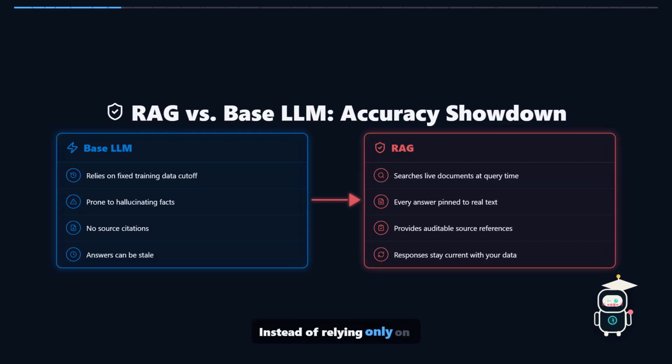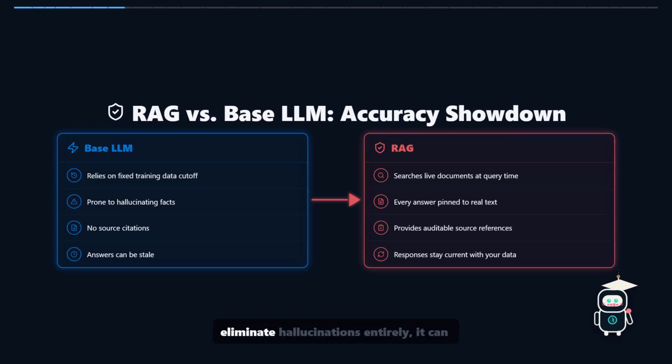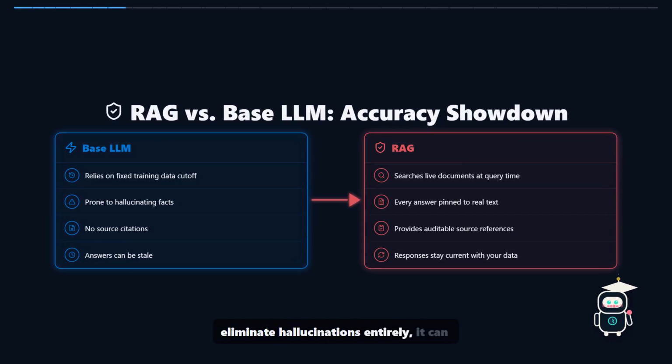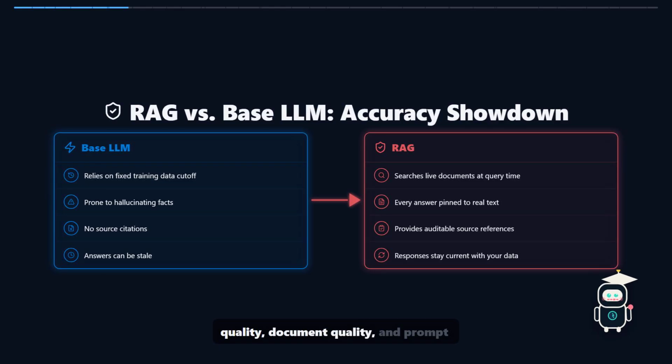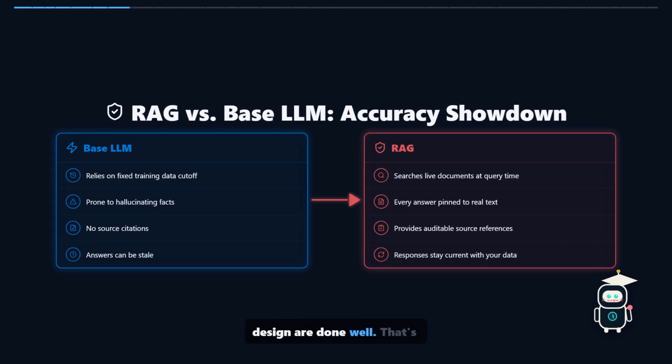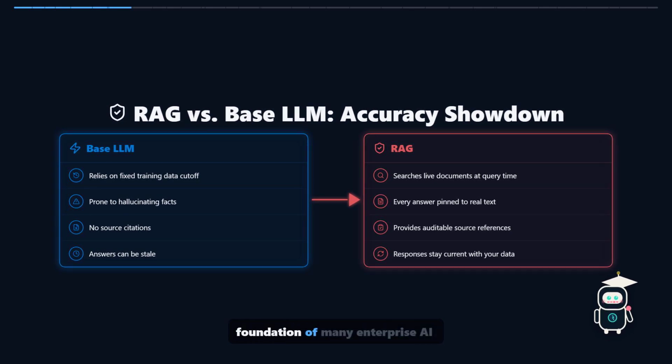Instead of relying only on memory, the model grounds its response in information from your knowledge base. While RAG doesn't eliminate hallucinations entirely, it can significantly reduce them when retrieval quality, document quality, and prompt design are done well. That's why RAG has become the foundation of many enterprise AI systems.